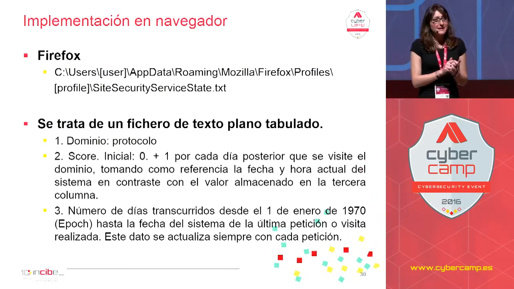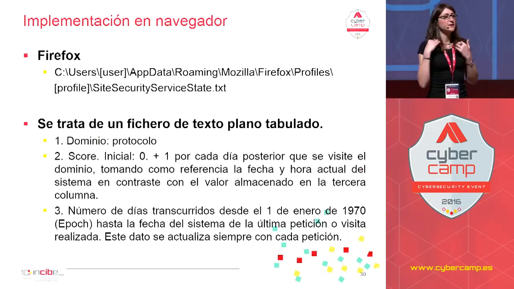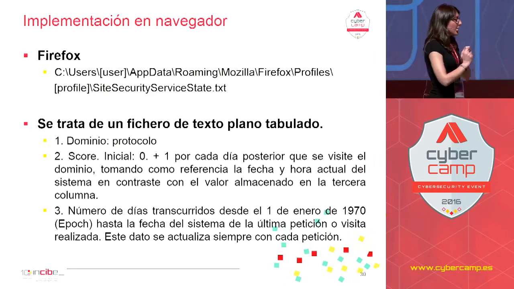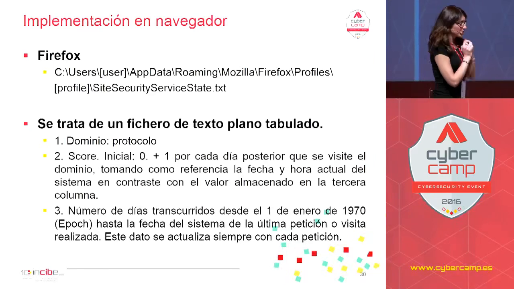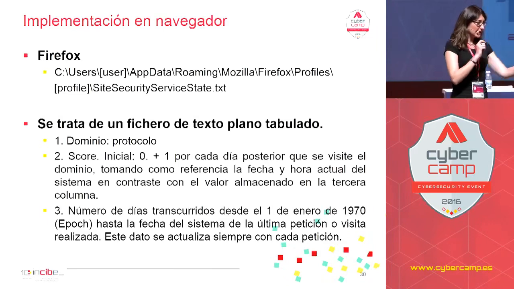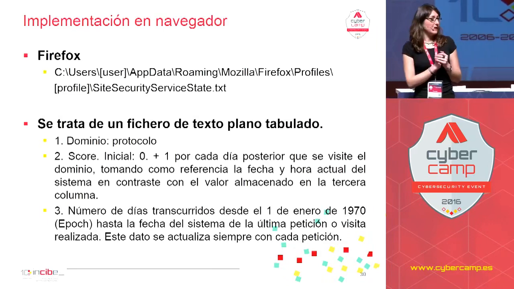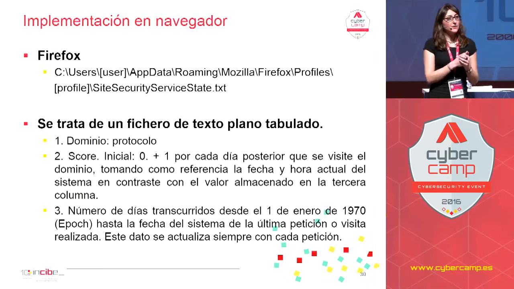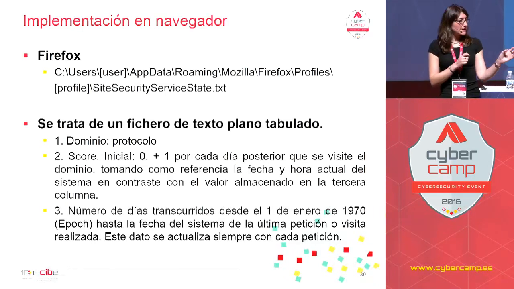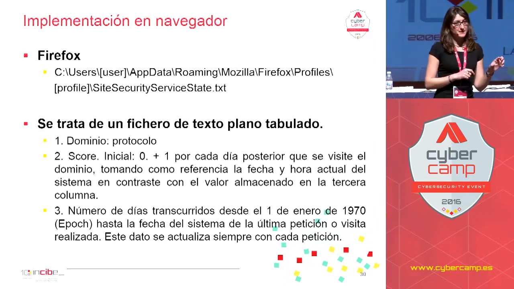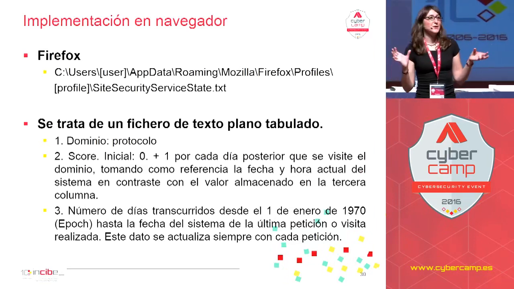So we've gone deeper into research, how it is done for Firefox and Chrome, and this is what we wanted to bring here. For Firefox, if you follow this pathway for your user, where you've got your Firefox set up, you will find a file called Site Security Service State.